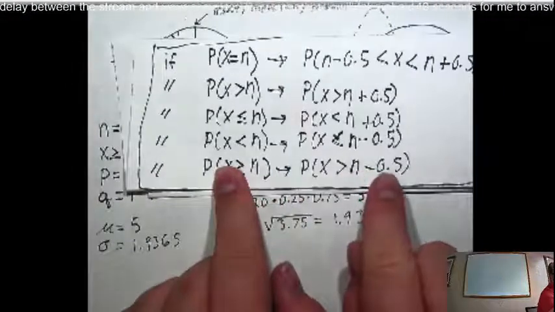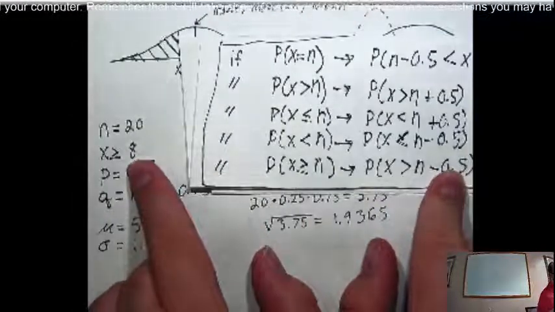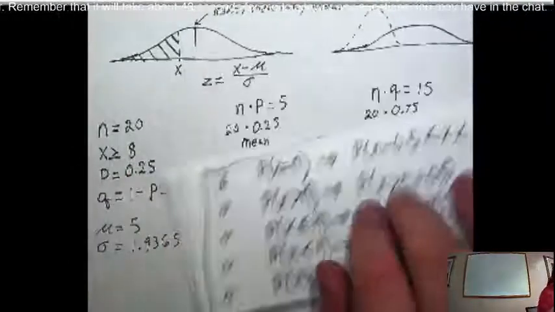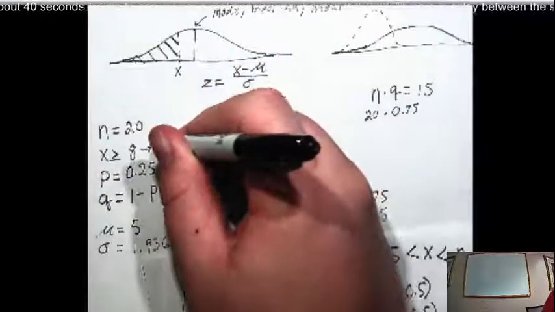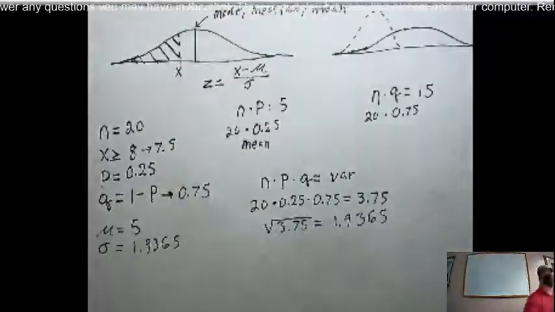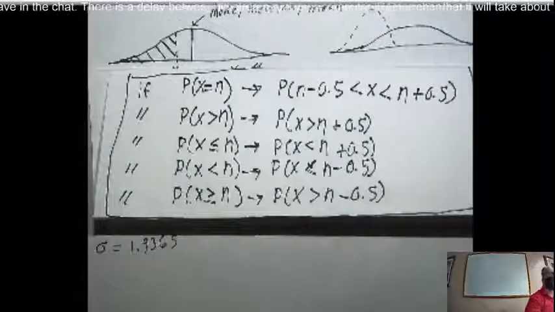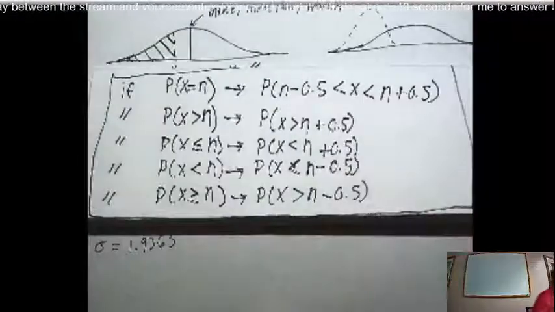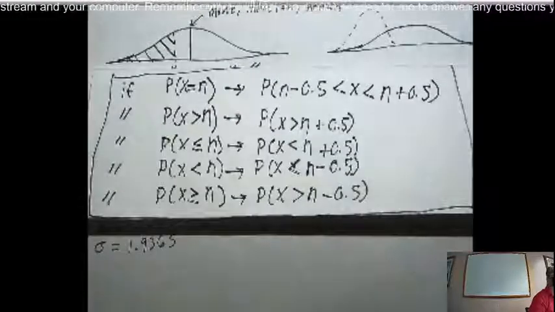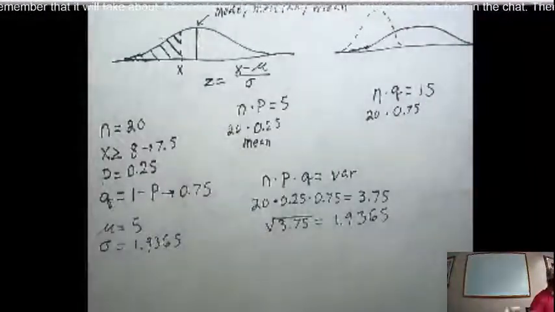We are going to subtract 0.5 from our value. So 8 minus 0.5 is 7.5. And there's the x value we're going to use. Again, this is called continuity correction factors. You can find this on Google. And you'll need to have that, by the way.